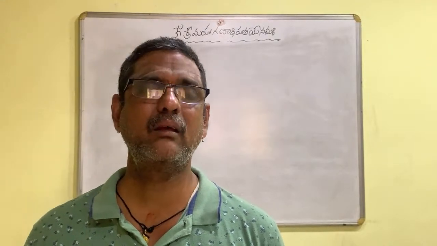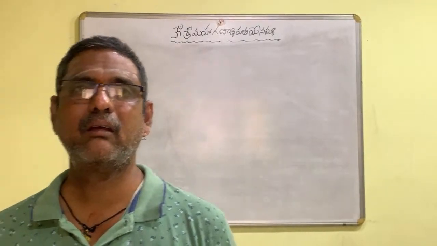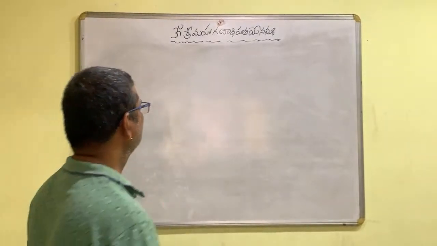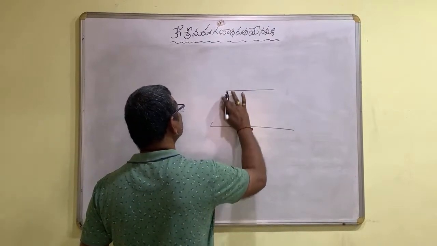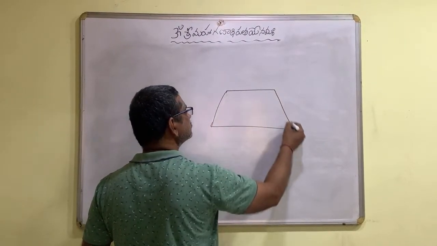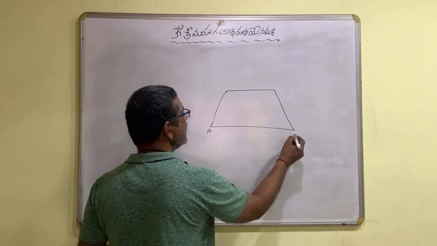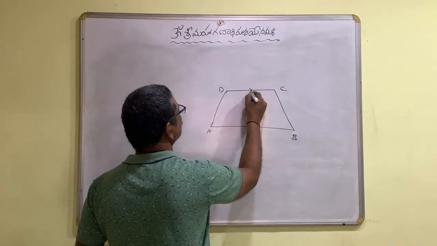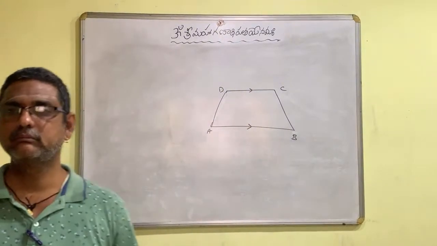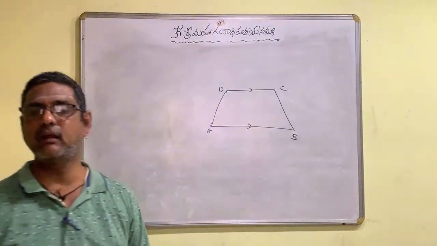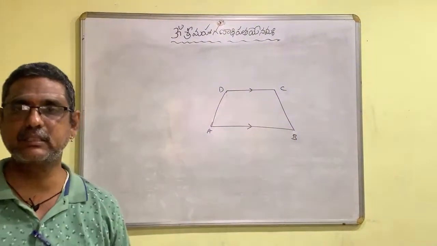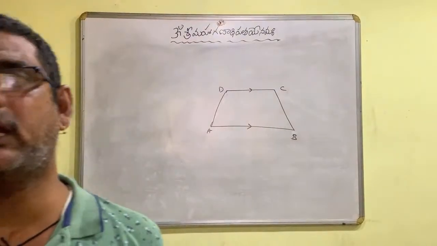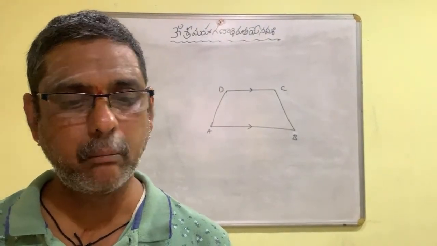Now see, trapezium ABCD: AB and CD are parallel and these two sides are not parallel. We call them the oblique sides of the trapezium, the non-parallel sides.